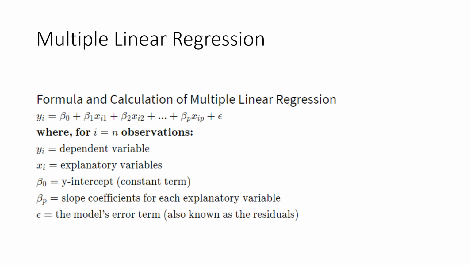So, what does the multiple linear regression tell us? Simple linear regression is a function that allows an analyst or statistician to make predictions about one variable based on the information that is known about another variable.